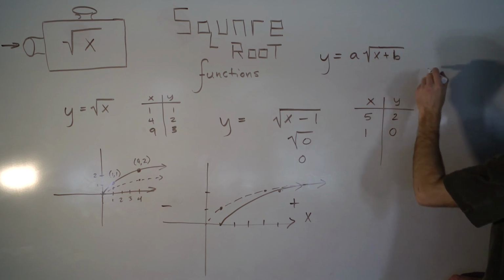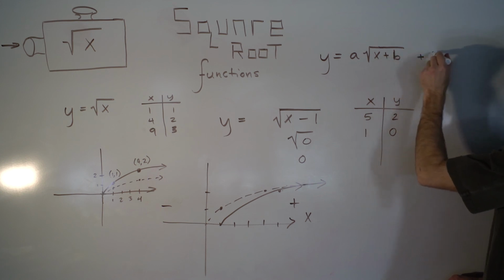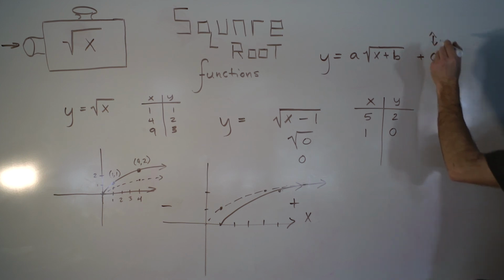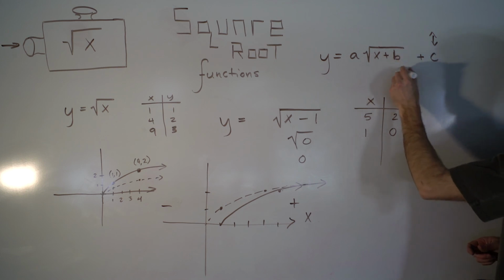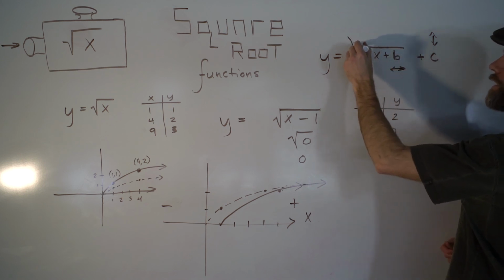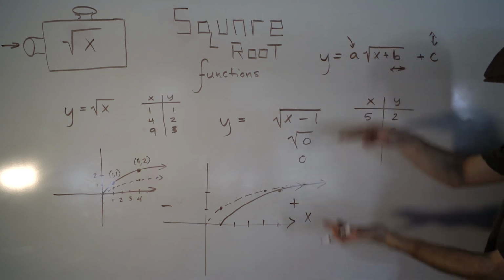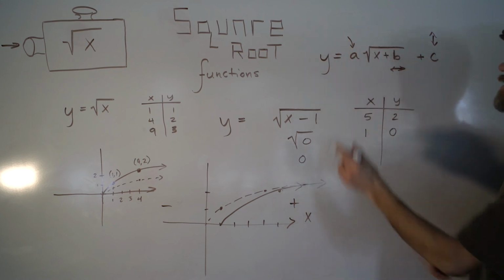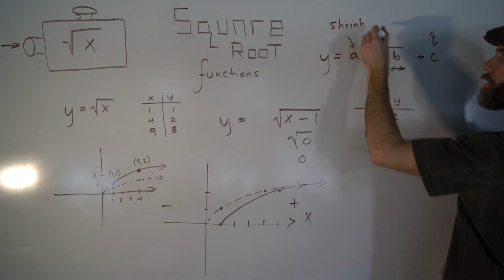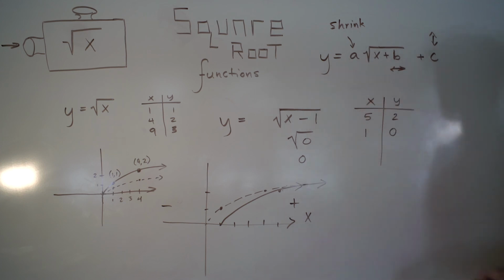And then we've covered what happens if there's plus or minus something out here. So this is a vertical shift, up or down. This is a horizontal shift, left or right. And this is a shrink, kind of an expansion, contraction. I might call it a vertical shrink. Okay, so a compression of the graph.